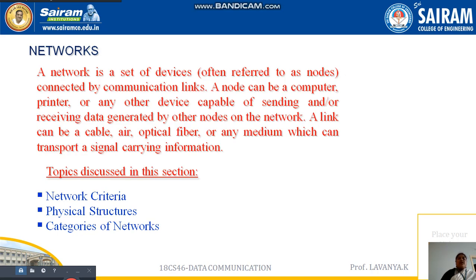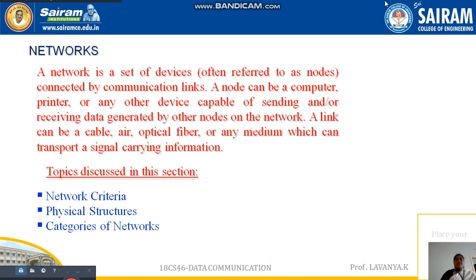The group of systems or group of computers that are interconnected or interlinked with each other, we call a network. In networks, the link is generated with the help of cables. Those cables may be optical cable, fiber optic cable, twisted pair cable, or anything else. So we call that a cable.